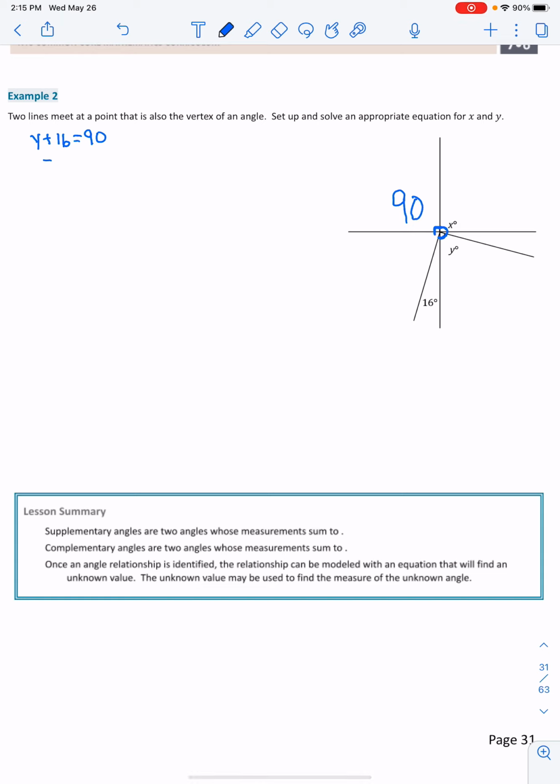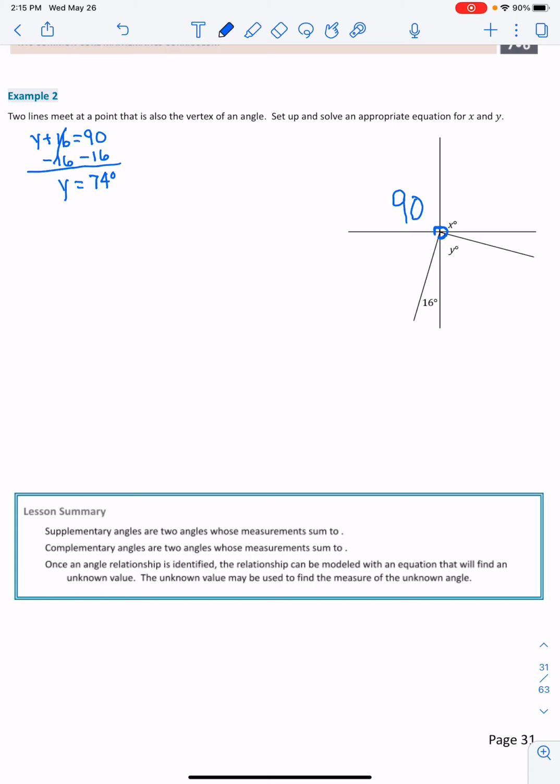If I subtract 16 from both sides, I do know then that y is going to equal 74 degrees.